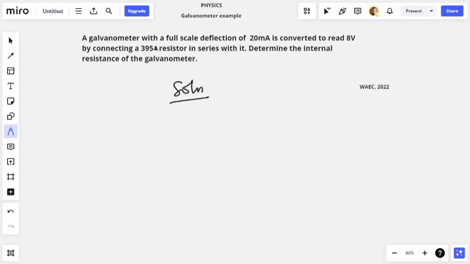Now, when approaching questions on physics, the first thing we do is to write out the parameters given in the question. The first parameter is a galvanometer with full scale deflection, so the full scale deflection current is 20 milliamps.